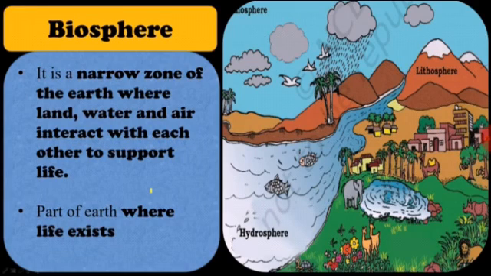For life we need air, we need water and we need land, because without these life cannot exist. So the part of the earth where life exists is the biosphere. It means land, water and air. Where they are present, life exists.